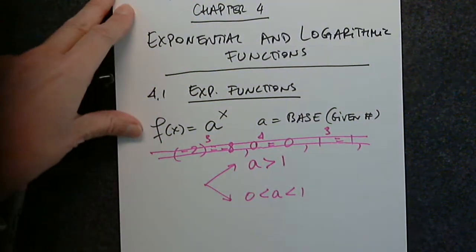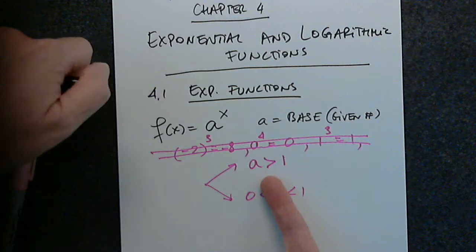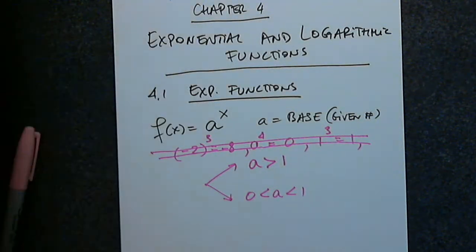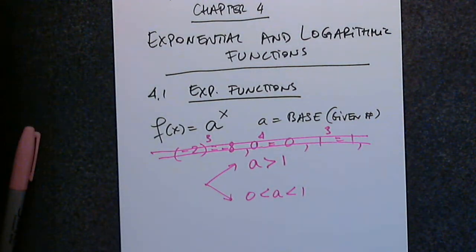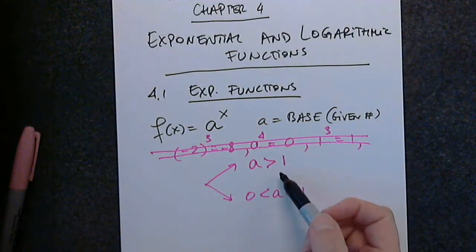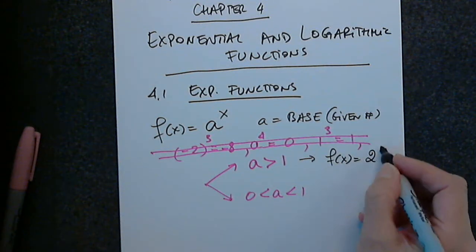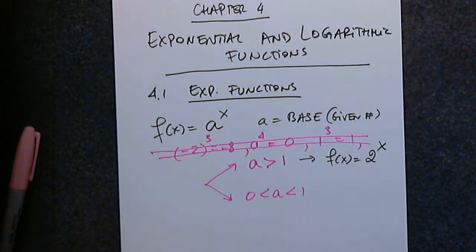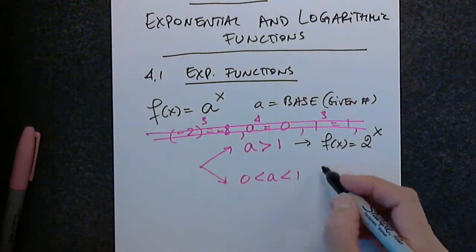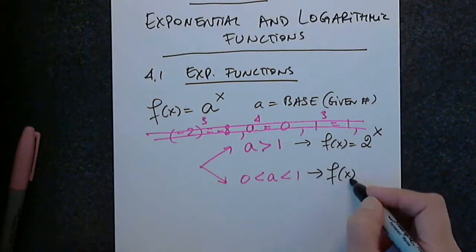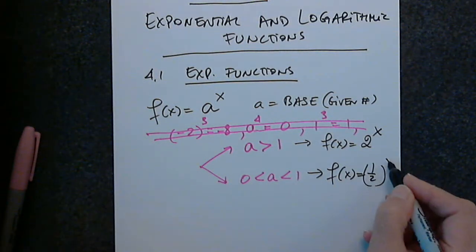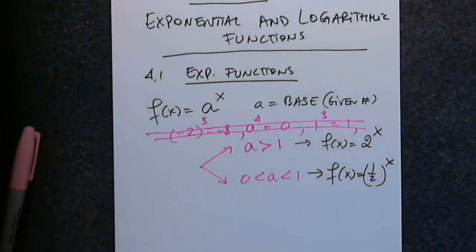Okay, so obviously, we're going to have a shape for this and a shape for that, like we had for x squared and negative x squared. Totally different shapes. Okay, so let's look at an example of this. Let's say f of x equals 2 to the x, and you see the base is greater than 1. And let's look at an example of this, a simple one. Let's say 1/2 to the x.